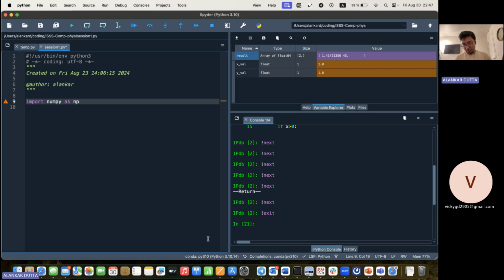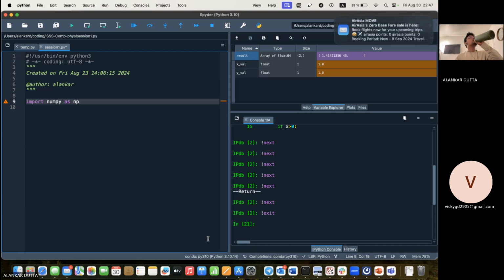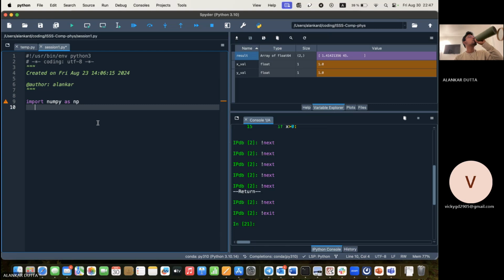So we are going to the fourth question in here. Let's see. It says a spaceship travels from Earth in a straight line at relativistic speed v to another planet x light years away.